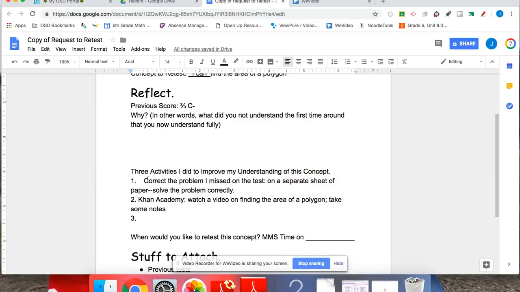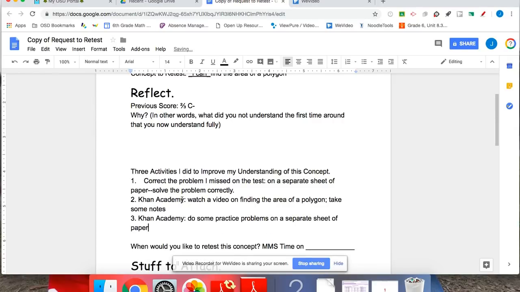The other thing they can do is also on Khan Academy: do some practice problems. After a video there is typically a series of practice problems, and maybe they solve those on a separate sheet of paper. And they log their time, the amount of time they spent and when they did it, because I can look at Khan Academy to see if that was actually done.